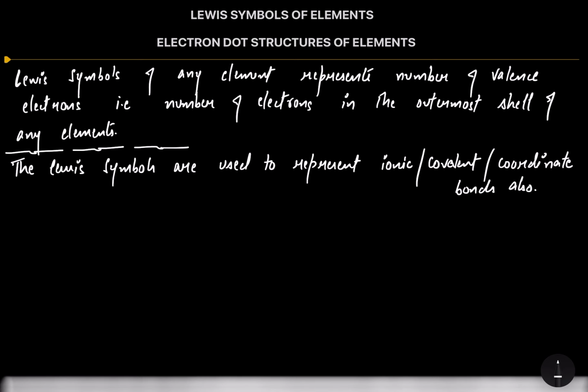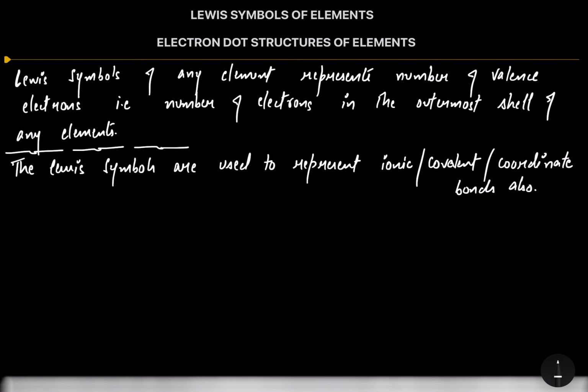So the general electronic configuration comes out to be 2, 8, 1. This configuration represents that 2 electrons are present in the first shell, 8 electrons in the second shell, and 1 electron in the third shell. Here, the valence shell will be the third shell.